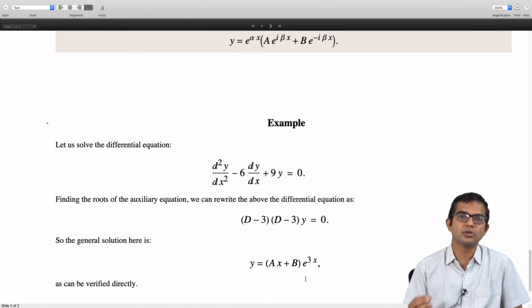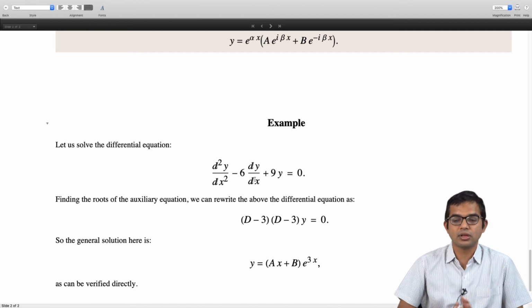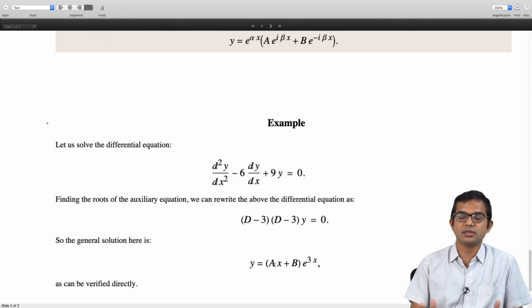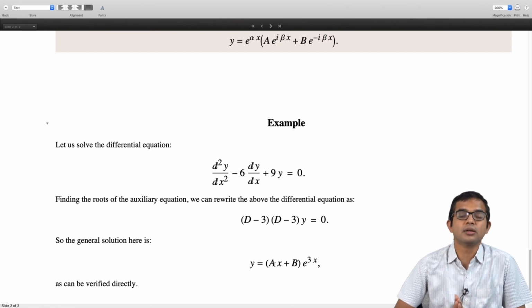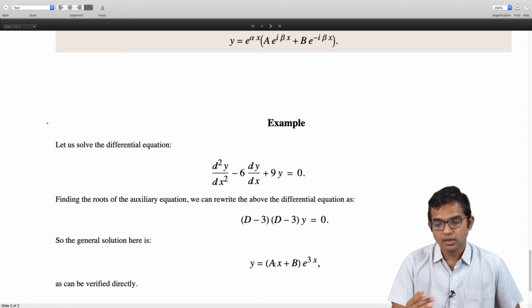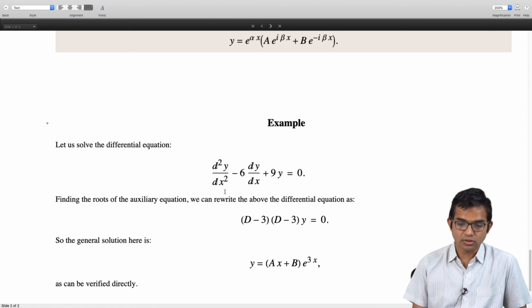You just take the final solution and plug it into your original differential equation, and you can check that indeed this is the correct solution. And given the fact that it has two free constants, that's as general a solution as you can get, because the second order differential equation will have precisely two free constants, considering that it's linear, right?